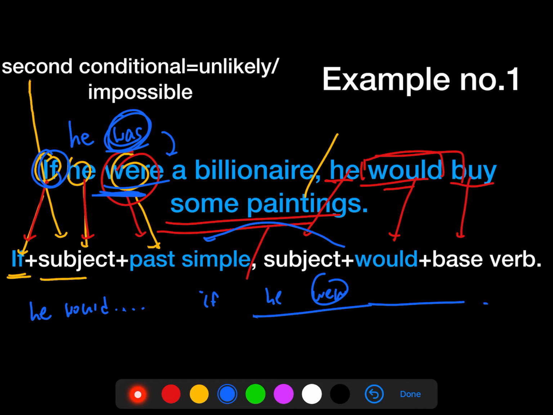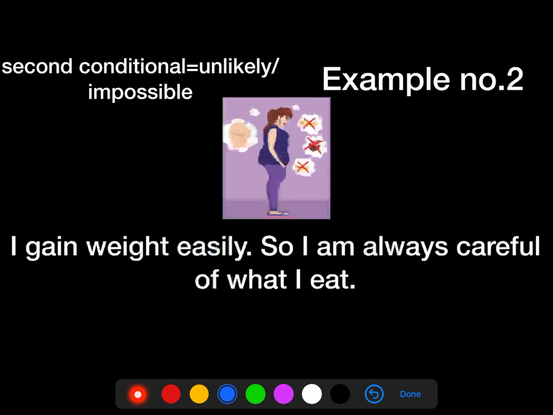Okay, now let's move on to the next example. Second conditional as well. I gain weight easily. So I think she gains weight a lot quicker than other people.